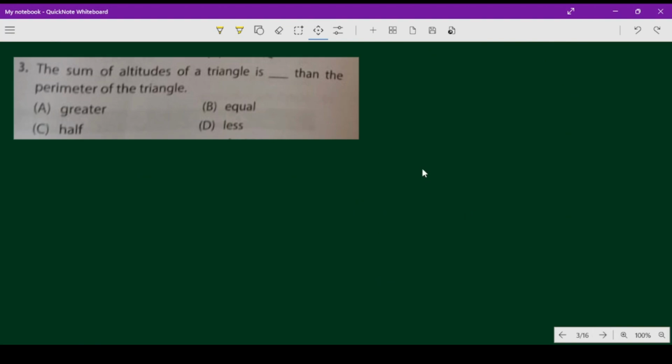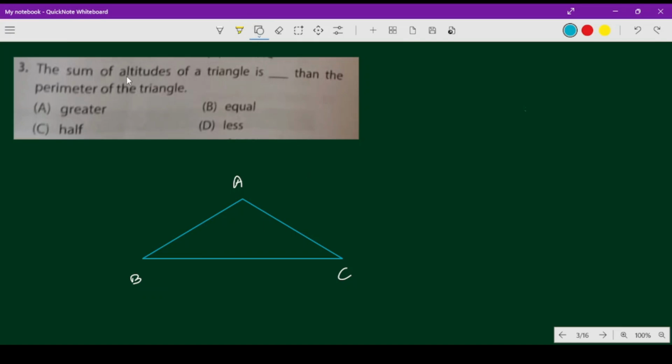Now we have another question: the sum of the altitudes of a triangle is blank than the perimeter of the triangle, and the given options are greater, equal, half, or less. So let me take a triangle ABC, and I'm going to draw the altitude for each side.